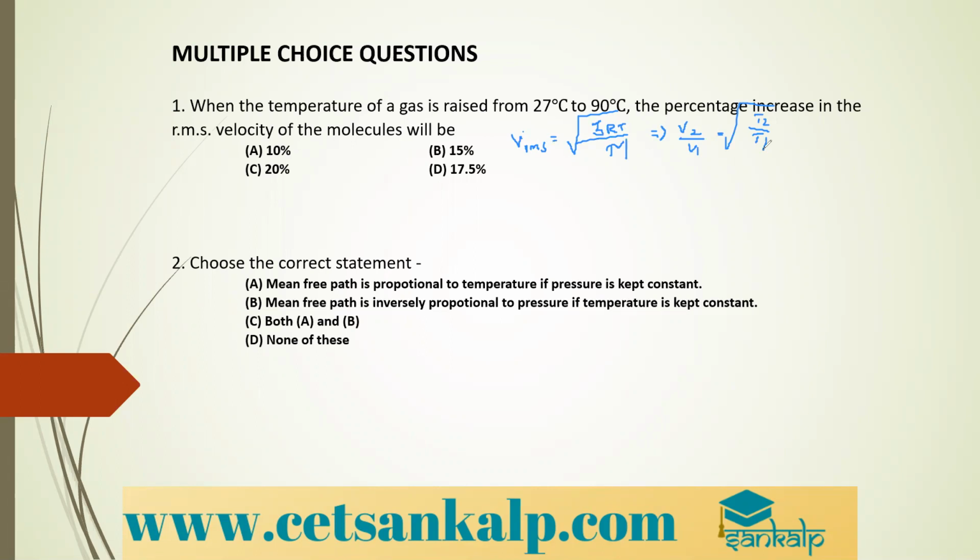The temperature is given in Celsius, so we take T2 in Kelvin, that is root of (273 + 90) divided by T1, that is (273 + 30).